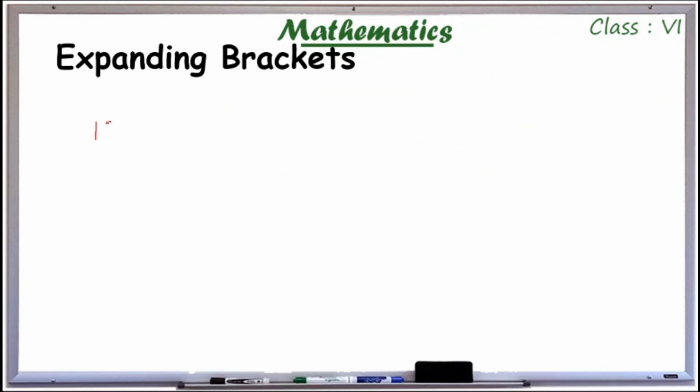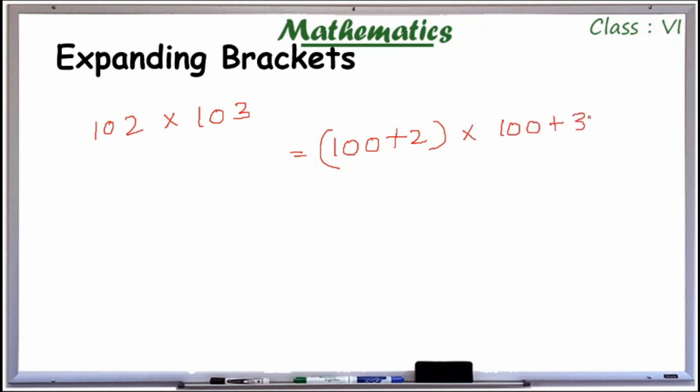Now I am multiplying 102 into 103. I have to split both the terms because both terms are nearly equal to 100. So 102 I split into 100 plus 2, and 103 I split into 100 plus 3.